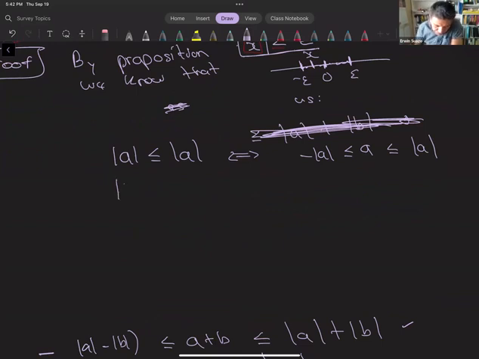And same thing for B. Absolute value of B is less or equal to absolute value of B if and only if minus absolute value of B is less or equal than B less or equal to absolute value of B. Okay.